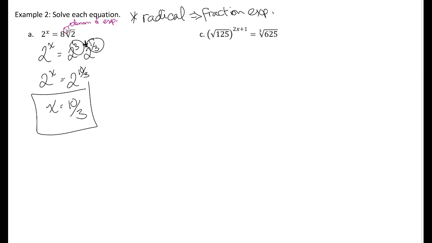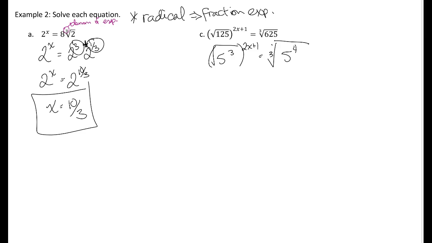You might notice that this is a power of 5, so we might be working with 5s. So common base, I've got 5 to the power of 3, big 2x plus 1, and then under the cube root, I'd figure out this is 5 to the 4.